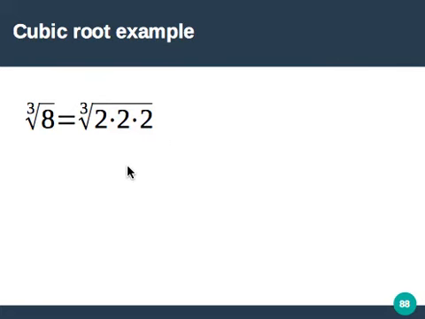But now, instead of looking for pairs like we did before for the square root, what we do now is look for triads, sorry, groups of 3, or triads, whatever you want to call that. So here we do have a triad of 2. That means those 3 guys can go outside of the cubic root, and that's going to be 2.